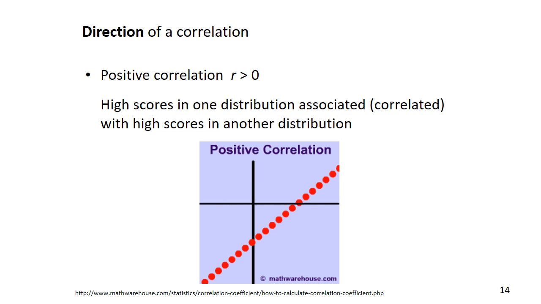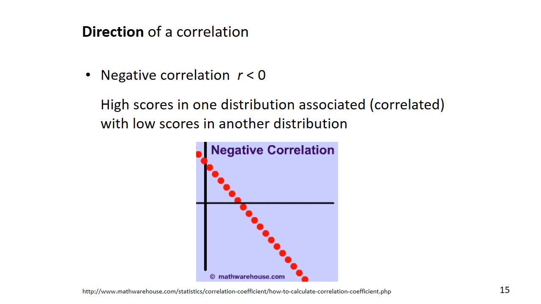All right, so I believe that we're covering this pretty well, but the high scores in one distribution are said to then be correlated with the high scores in another distribution if we're looking at positive correlations. And on the other hand, with negative correlations, you're talking about the high scores in one distribution being associated with the low scores in another distribution.